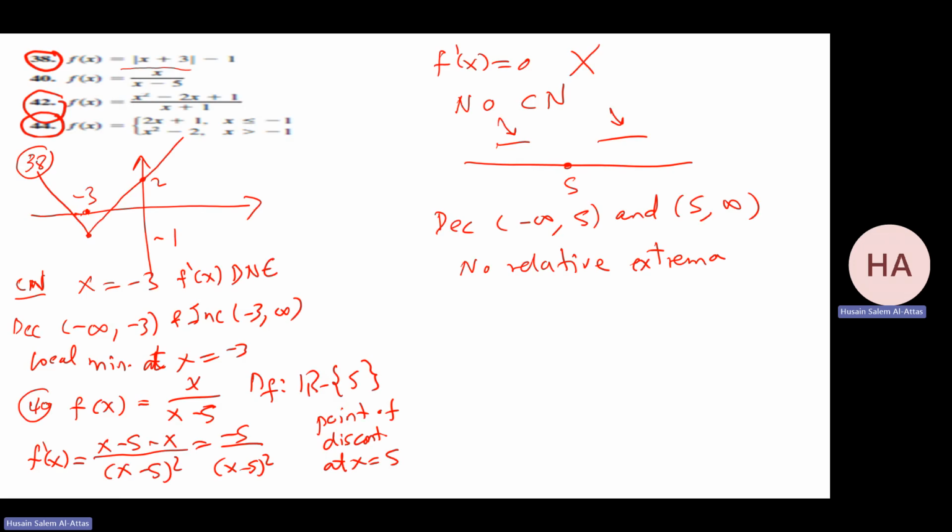What is the function? It is x squared minus 2x plus 1 over x plus 1. 42. F of x equals x squared minus 2x plus 1 over x plus 1. What's the domain? All real numbers except -1.